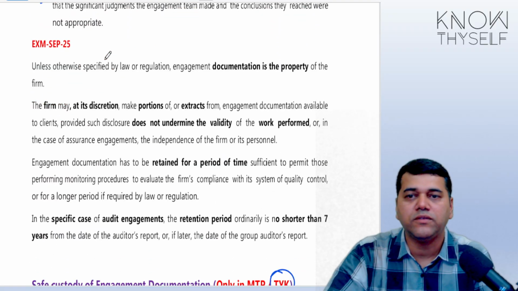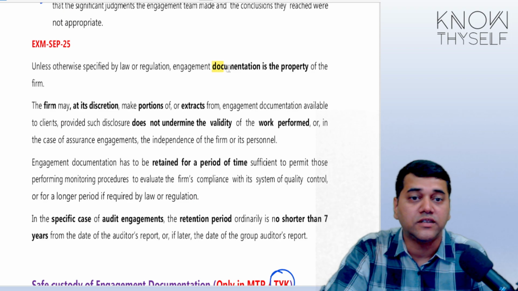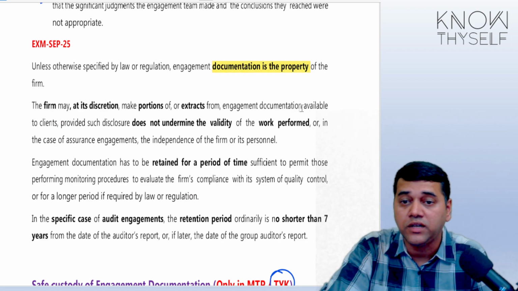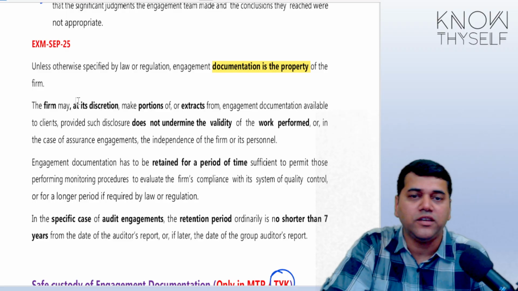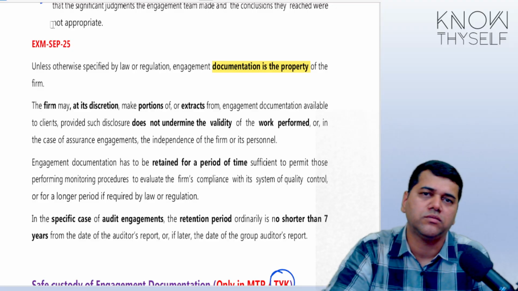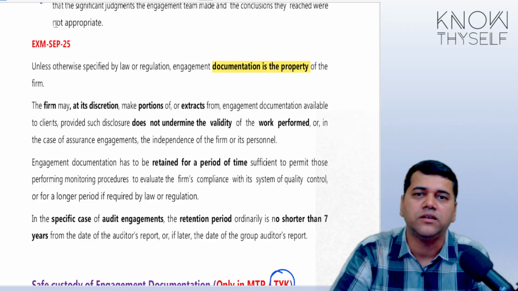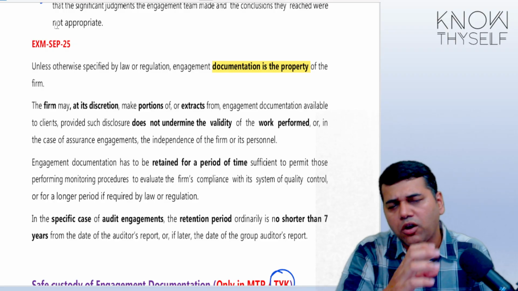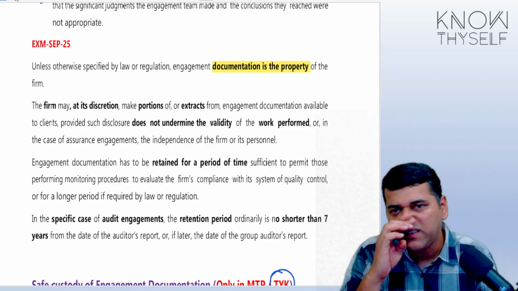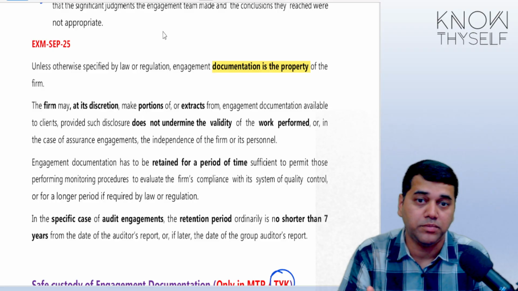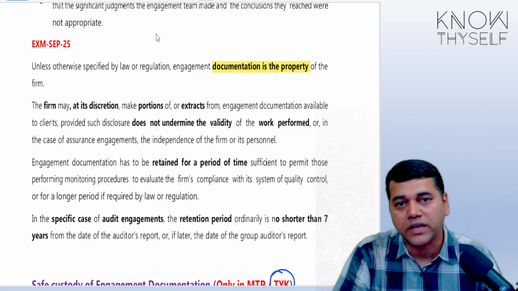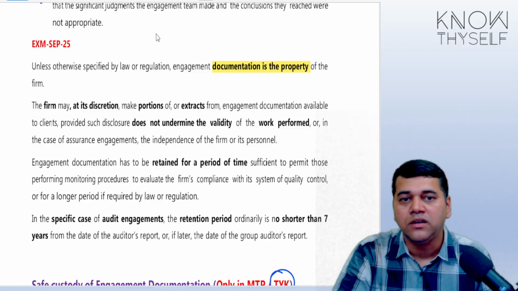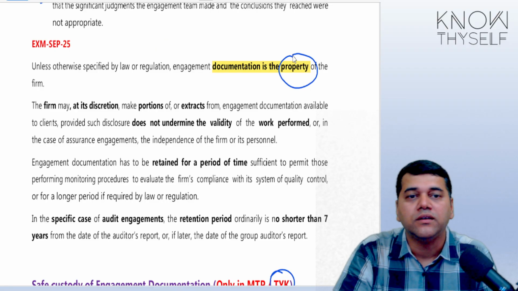Now, unless otherwise specified, SQC says the documentation is the property of the audit firm. See, students, you go to a doctor for a surgery, or you go to a lawyer. All the papers are with the doctor. You go to a hospital, the file is with them, because all the analysis is done, conclusions drawn, everything is written. Why are we calling it a property?